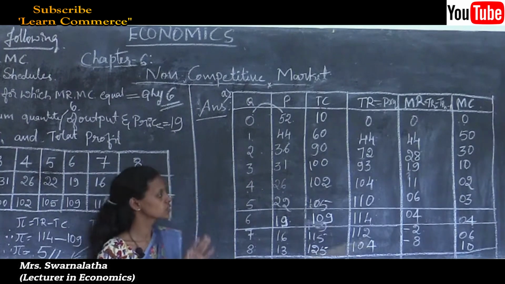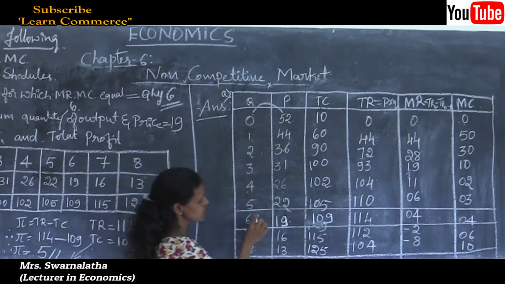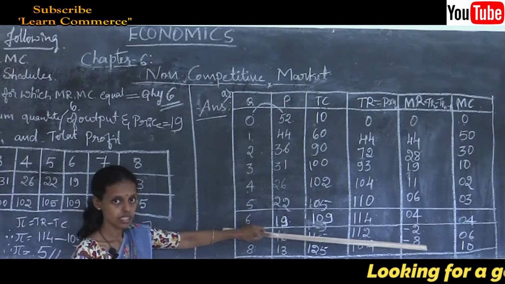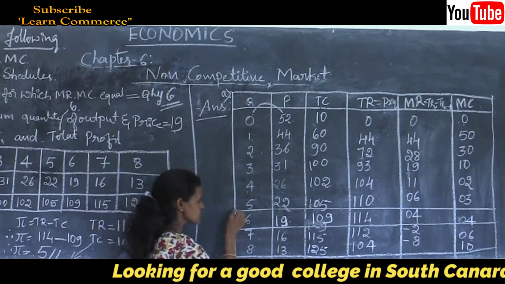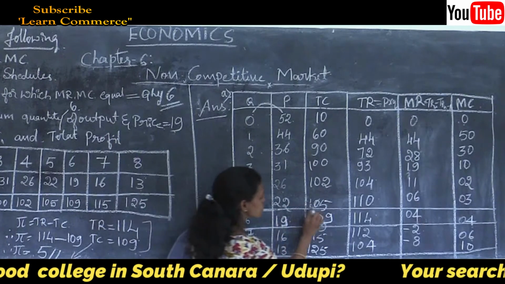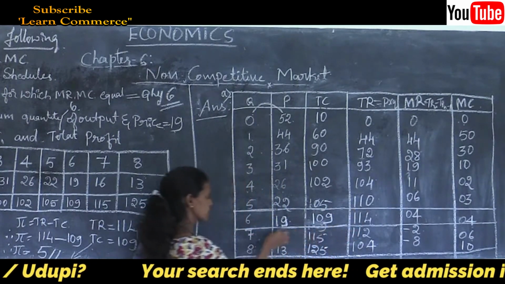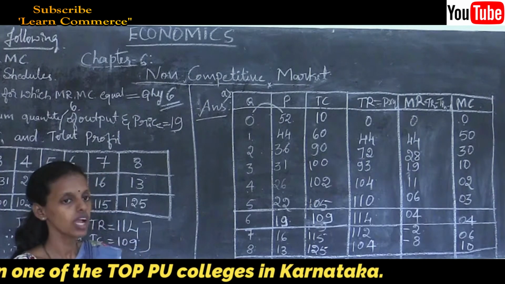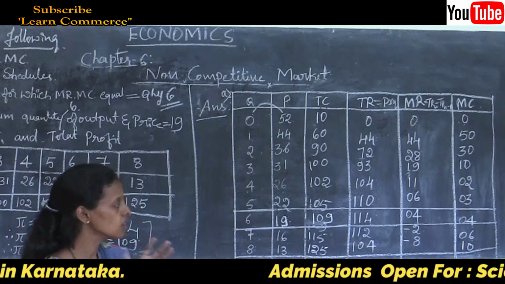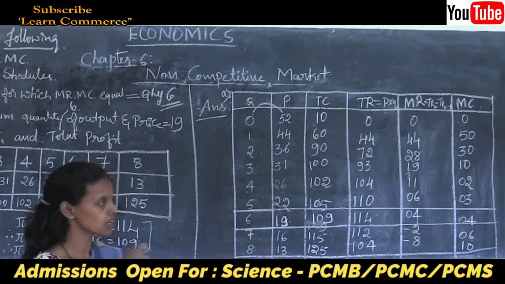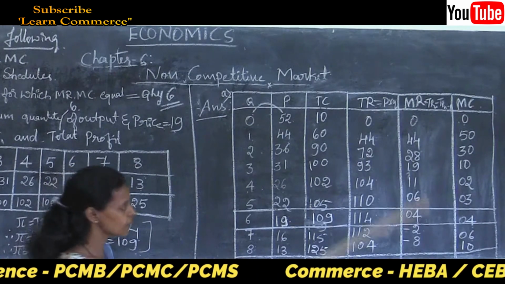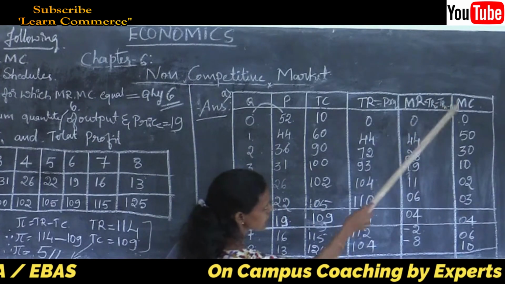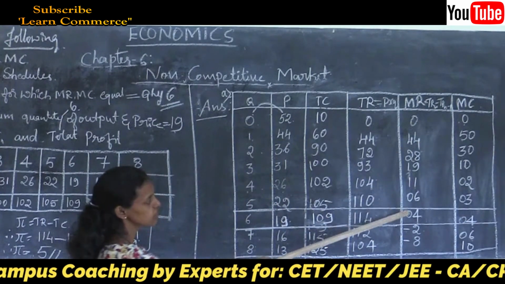Whatever this column is, we make a special row for the 6th unit only. It looks nice, and they can understand which is the proper answer and easily make out MR and MC. MR and MC are equal at the 6th unit, 4 each.